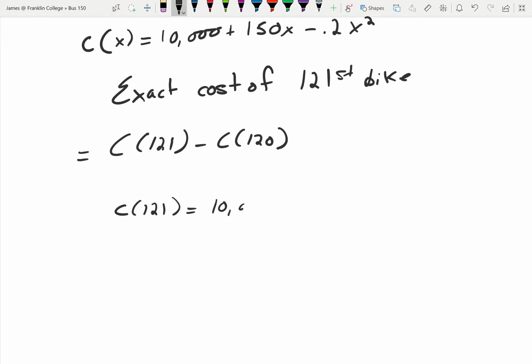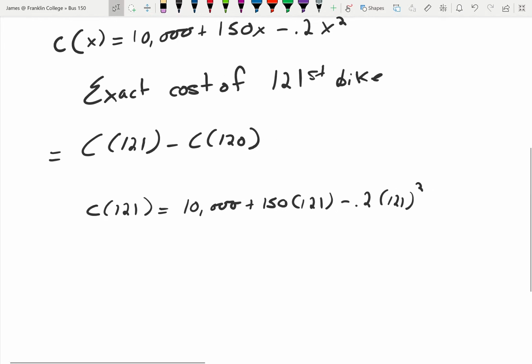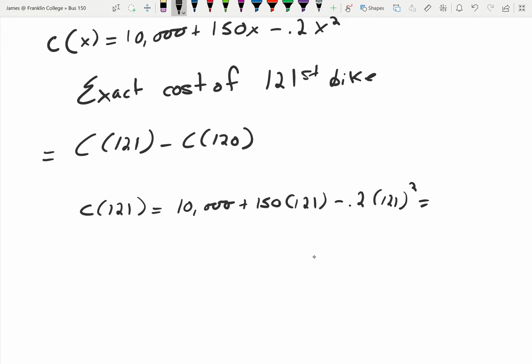So we're going to have 10,000 plus 150 times 121 minus 0.2 times 121 squared, and we plug that into a calculator. This equals 25,221.80. So that's how much money it costs to make 121 bikes.